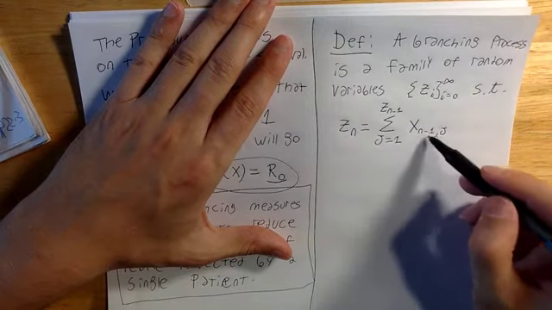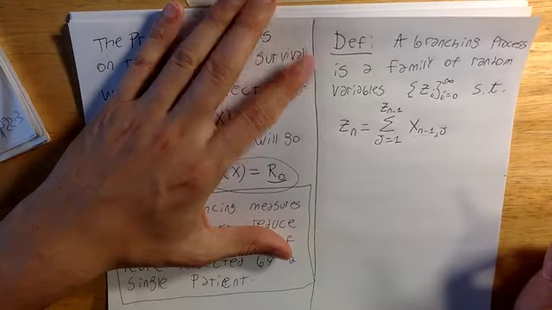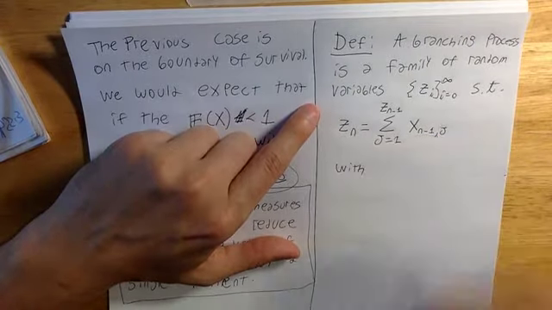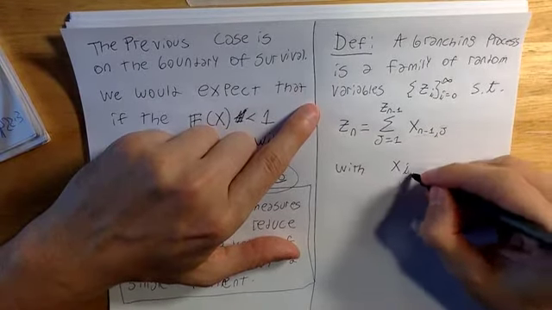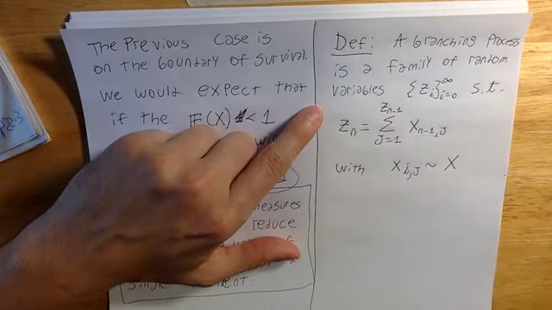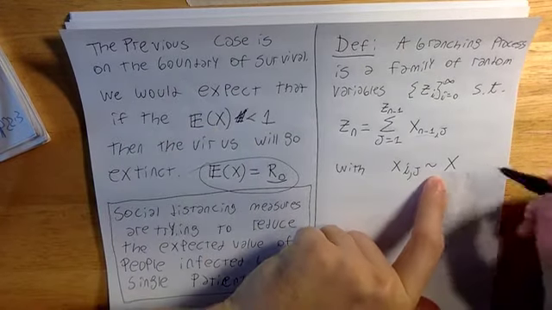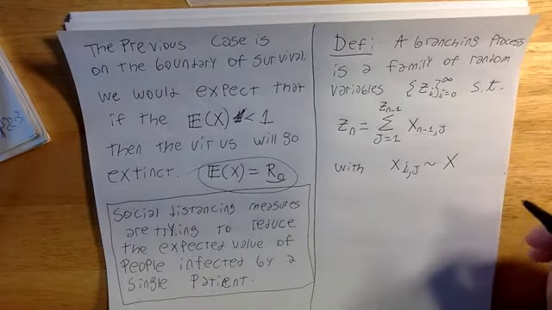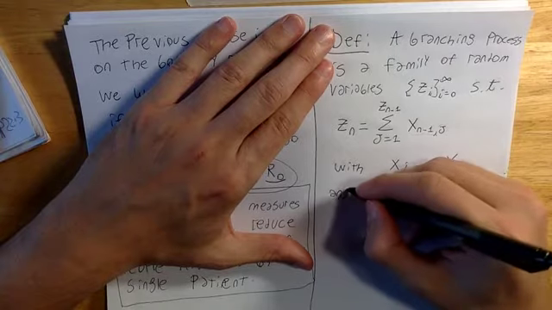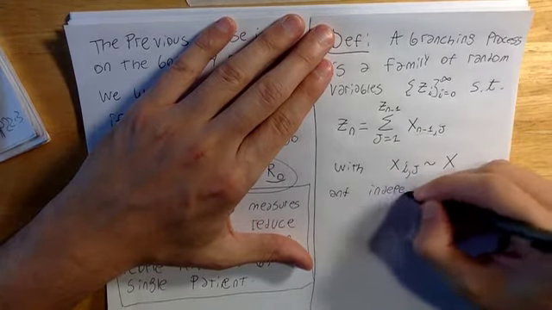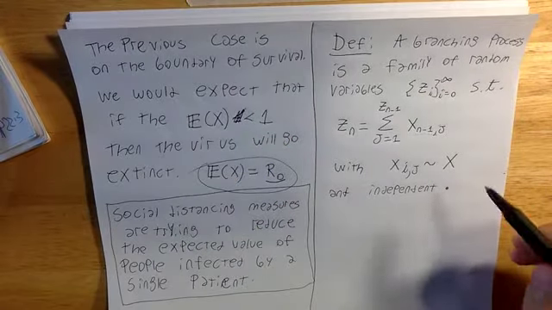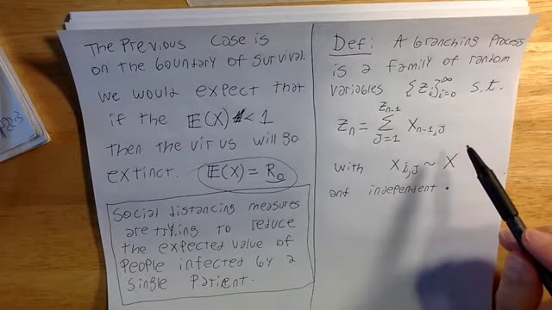The number of infected people at level n minus 1, such that Cn is equal to this sum, with the X_{ij} distributed like x, where x is the original infection of the first person, and independent. So all of these variables X_{ij} are independent from each other.